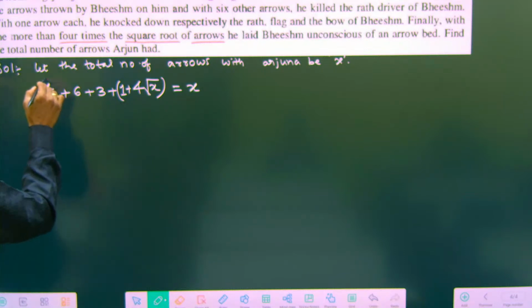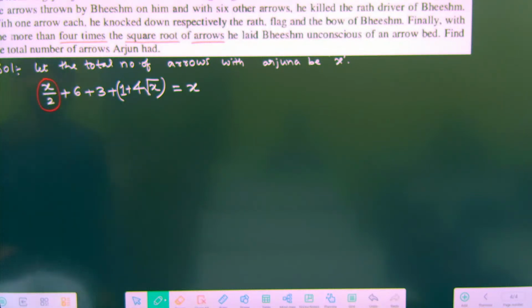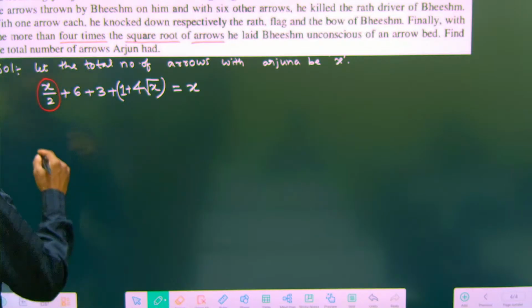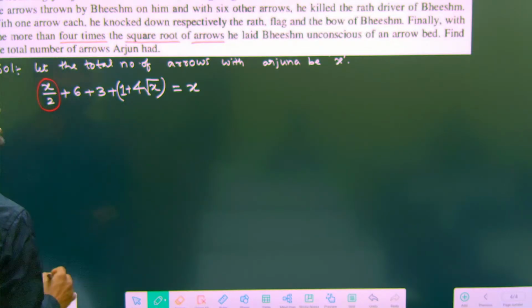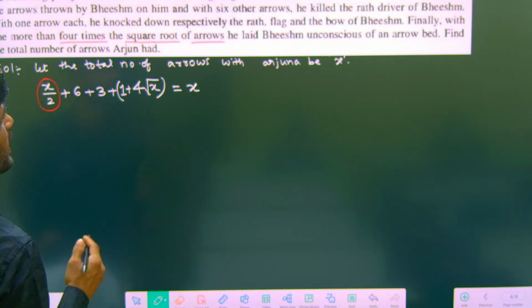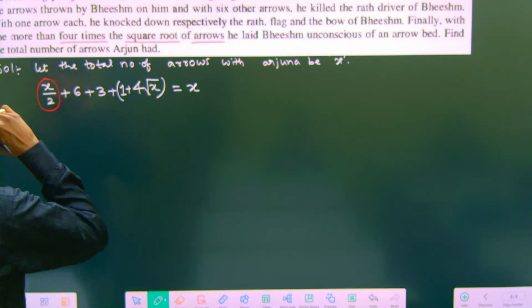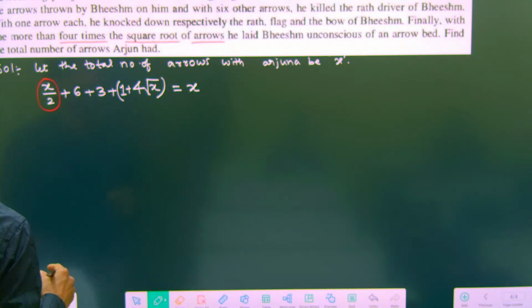This part is used: half of the arrows, x by 2, is used to cut down the arrows thrown by Bhishma. Next, six are used to kill the driver. Then three are used for flag, driver, and bow.